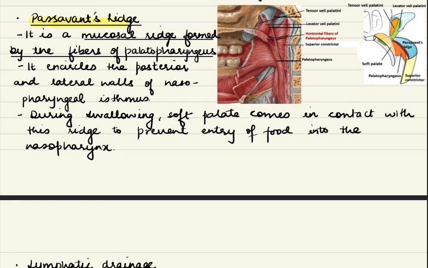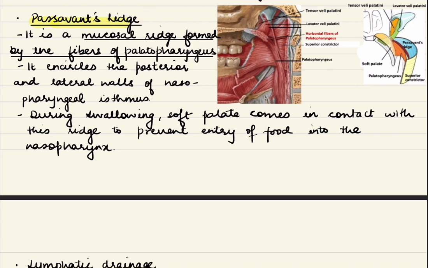Now, Passavant's ridge is another important structure in the nasopharynx. So, it is a mucosal ridge formed by the fibers of palatopharyngeus. Now, this palatopharyngeus encircles the posterior and lateral walls of the nasopharyngeal isthmus, and it causes an elevation in this area, and this is known as Passavant's ridge.